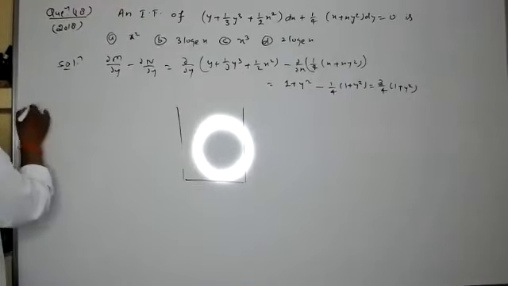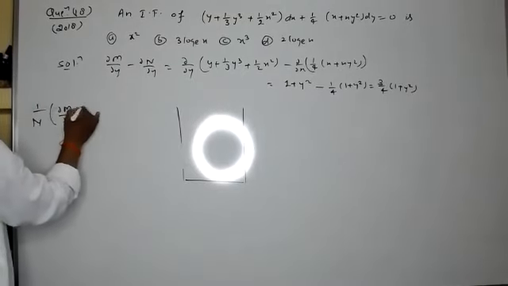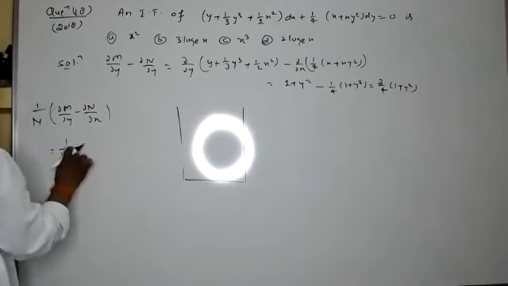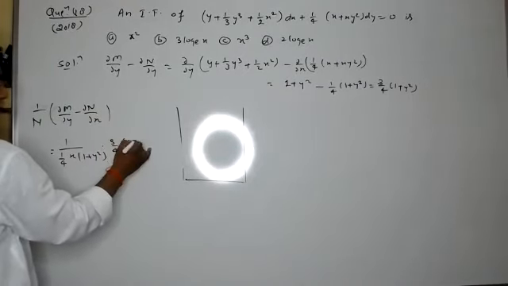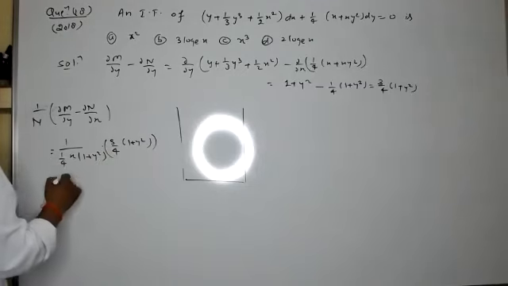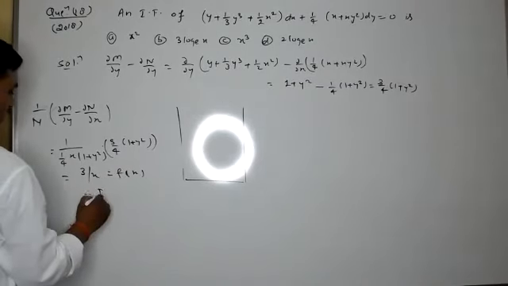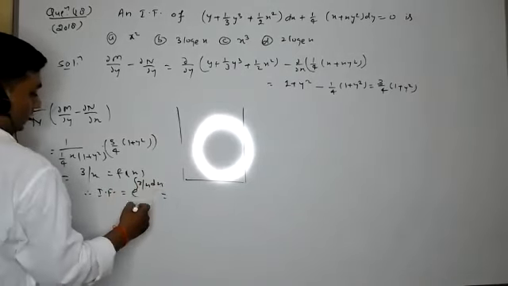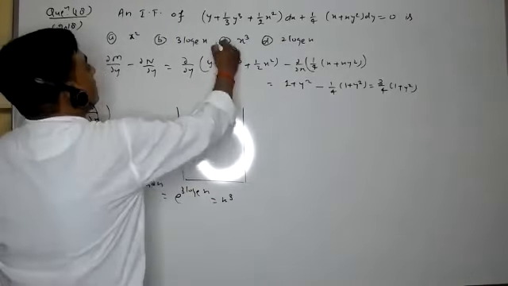So 1 upon n into 1 upon 1 by 4. If you take x as common, this is 1 plus y square, right? So 1 plus y square got cancelled, 4 got cancelled, ultimately you got as f of x, right? So integrating factor will be, so this is 3 log x and ultimately it comes out as x cube.